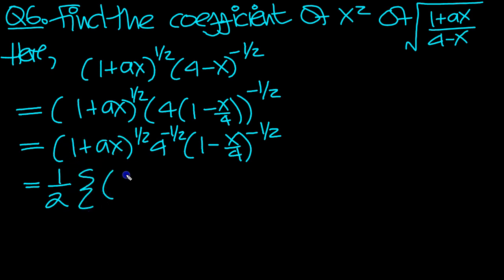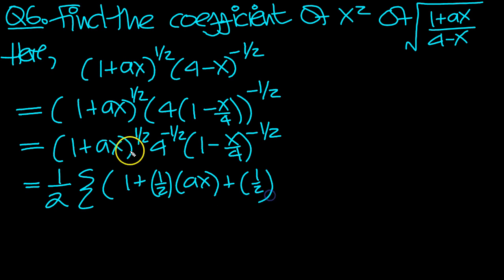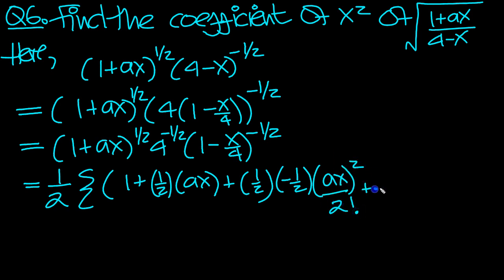Now let's use the binomial theorem. 1 plus nx, n is a half. The x in question is ax. Plus n, n minus 1, x squared over 2, plus dot dot dot.